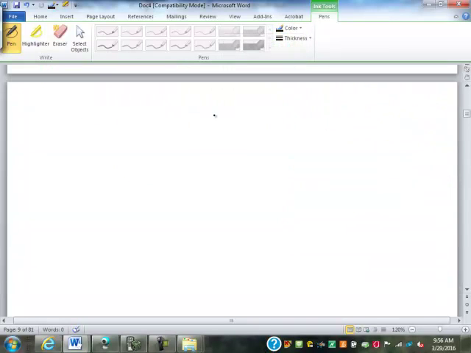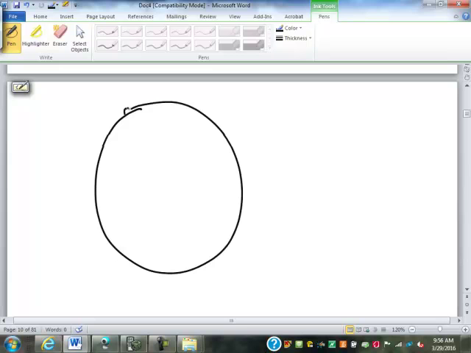Oh, there's another one for you guys to try. Pretend that looks like a circle. Okay, the circle, the big circle is a diameter of 8 inches.